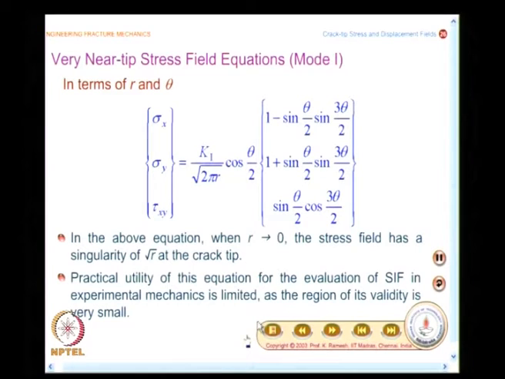We will do all of them, then come to mode 2. Look at mode 2, then at length discuss the higher order solution for fracture mechanics. So, we will have to wait until you come to that stage. That is needed if you want to evaluate the stress intensity factor based on experimental mechanics. So, we would do that.